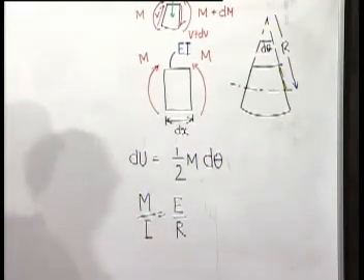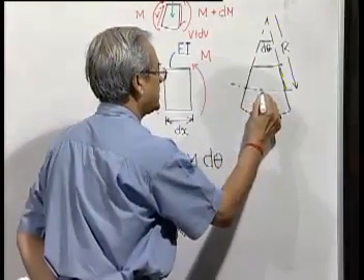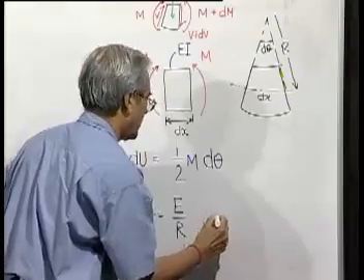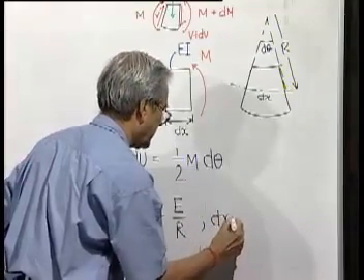And from geometry, if this is dx and this is r, the relationship between the three quantities is given like this.